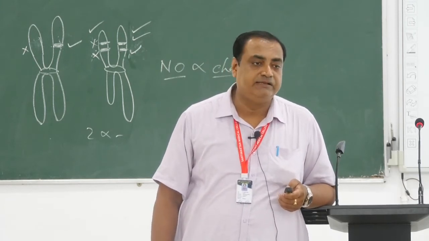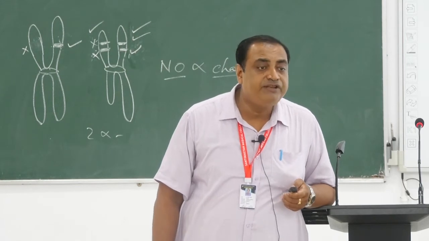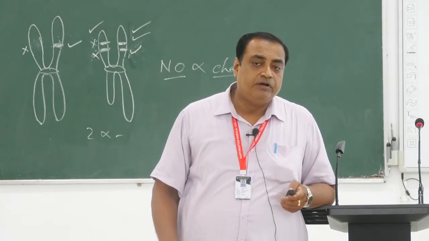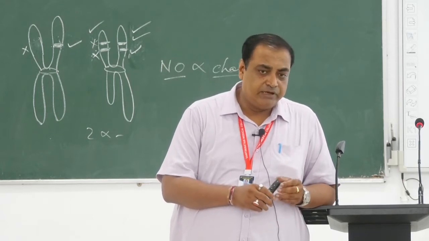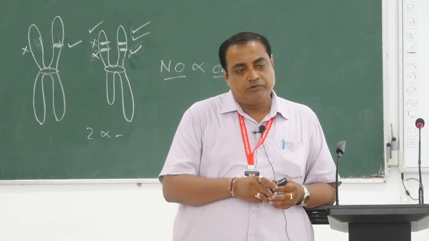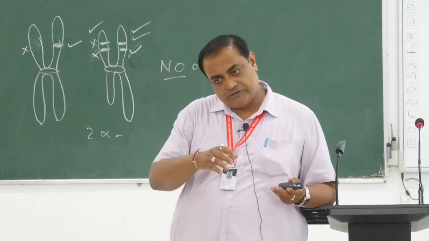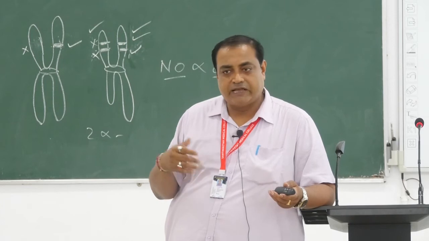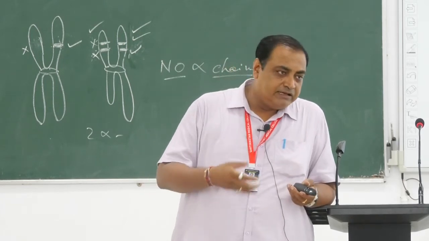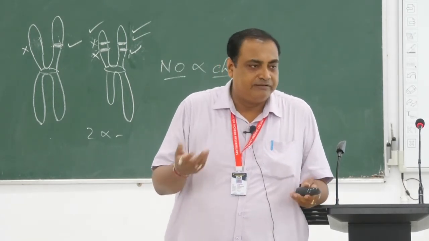HbF, fetal hemoglobin, is produced from the liver in the fetal stage. When we take birth, the production of blood cells is transferred to the bone marrow from the liver. In the case of a cancerous patient, these liver cells again regenerate.